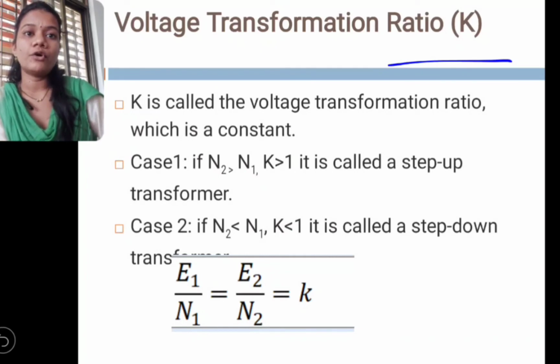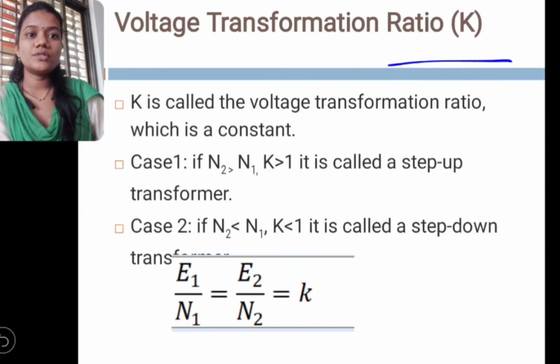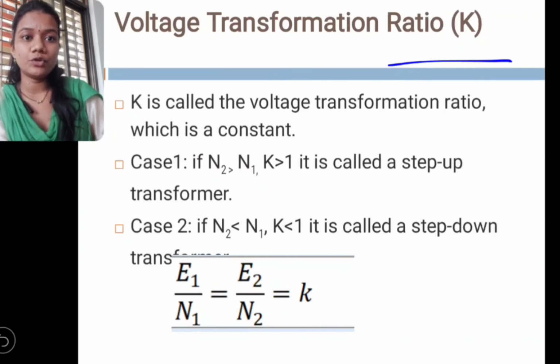For the opposite condition, N2 less than N1, K is less than 1, and we call it a step down transformer. So the voltage transformation ratio is primary voltage upon primary winding, equal to secondary voltage upon secondary winding, equal to K.